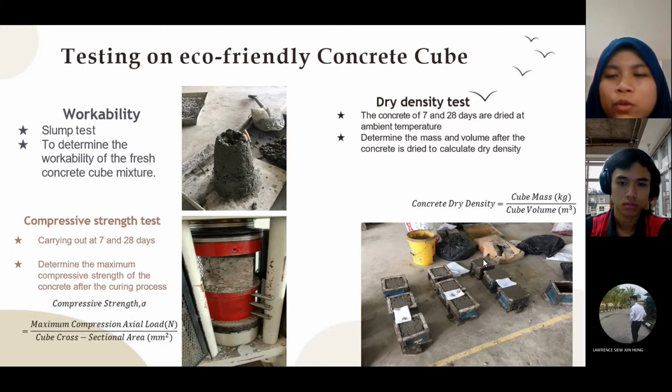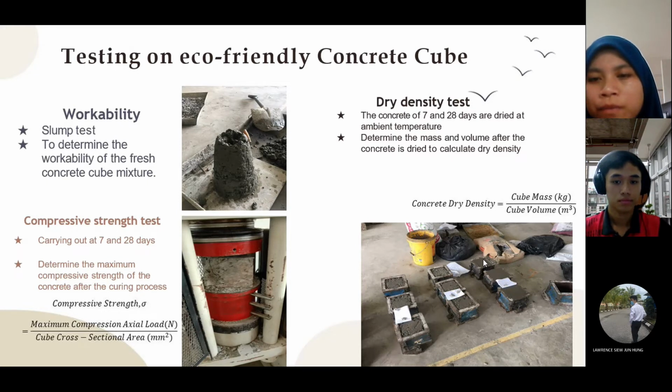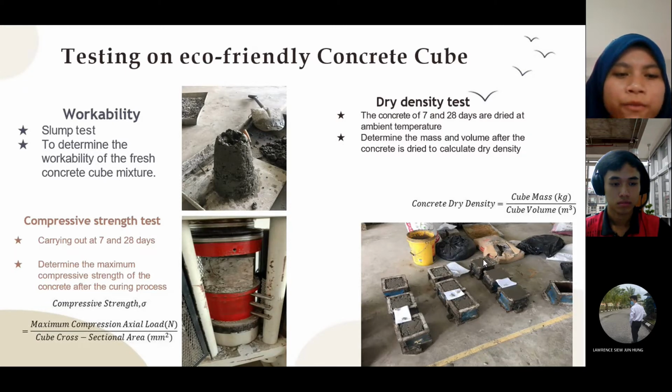Then we do a dry density test on the concrete at 7 and 28 days, dried at ambient temperature, and determine the mass and volume after the concrete is dry to calculate the dry density. The third one is the compressive strength test. We carry it out at 7 and 28 days and determine the maximum compressive strength of the concrete after the curing process.